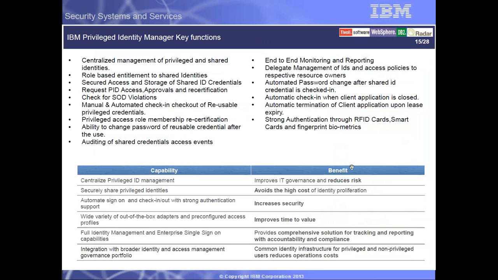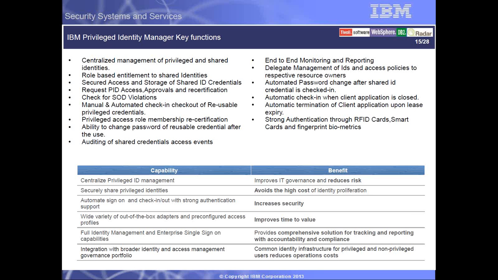Okay, so next slide. We're talking here about key functions. Centralized management of privileged and shared identities, which helps because it's centralized. You have an inventory of all the IDs across the environment in one place. Role-based entitlement to the shared identities, and secured access and storage of shared ID credentials.